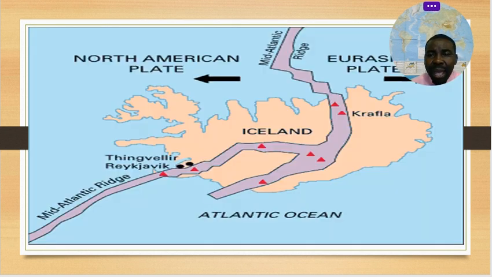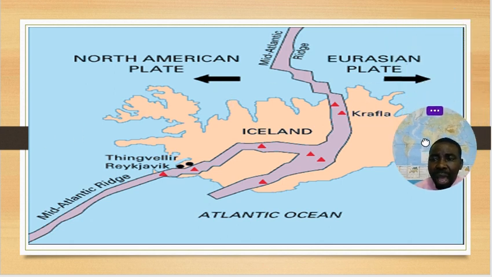If you look at this diagram, you see that we have two arrows moving away from each other. The North American plate is moving towards the left, the Eurasian plate is moving towards the right. Then in between them you have the mid-Atlantic ridge. Then in the process of time you have this Iceland, formed from the mid-Atlantic ridge.